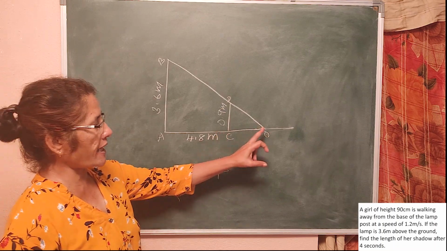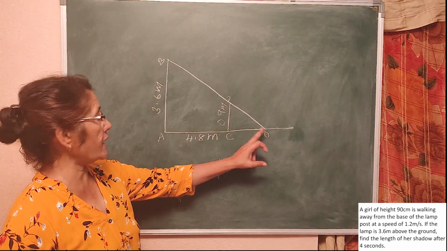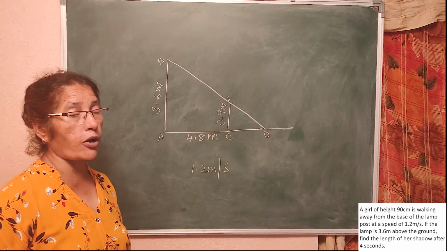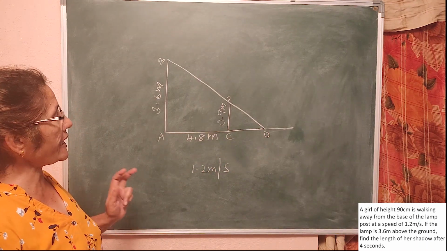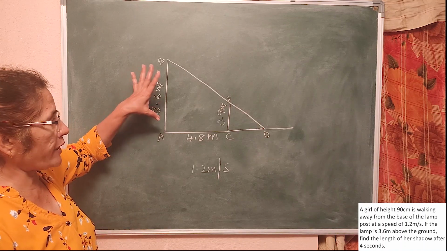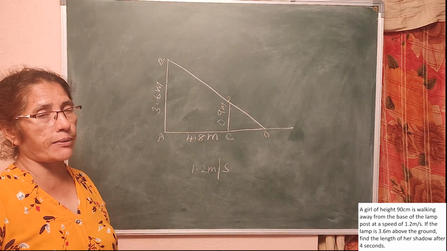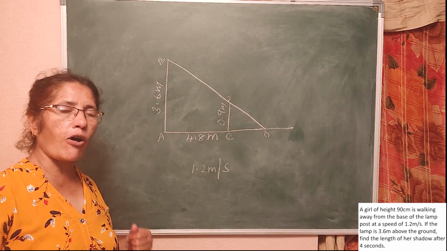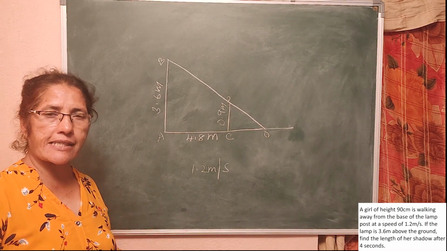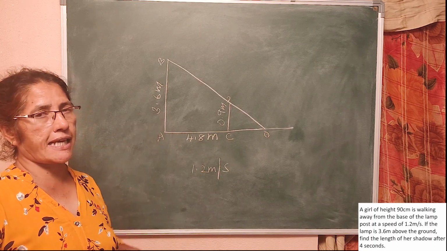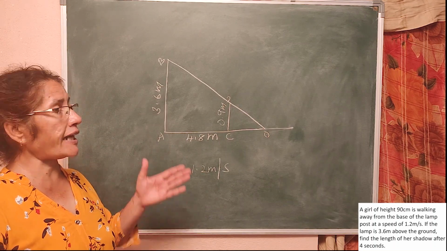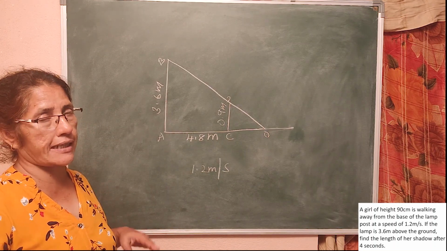So, CO is the shadow of the girl, AO is the shadow of the lamppost. Am I right? So what can I say? I have to take two triangles and prove that they are similar using any of the criteria, either AAA similarity criteria, SSS similarity criteria, or SAS similarity criteria. What criteria holds good? We'll see that.